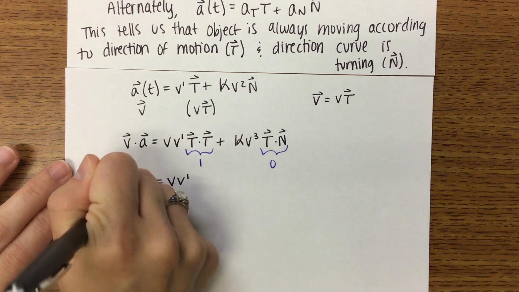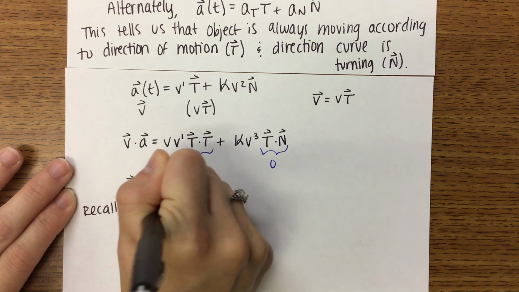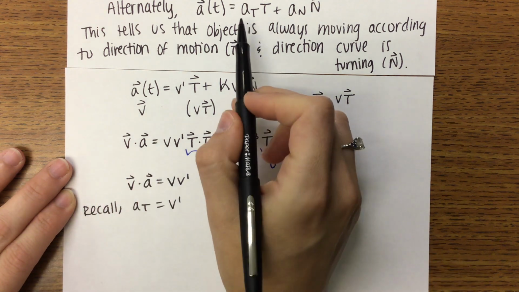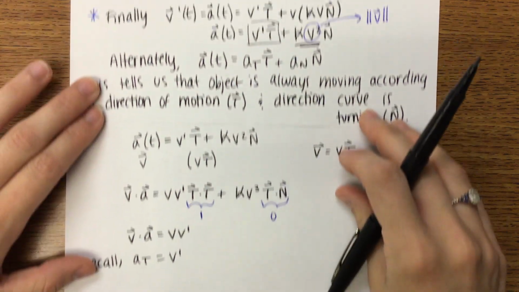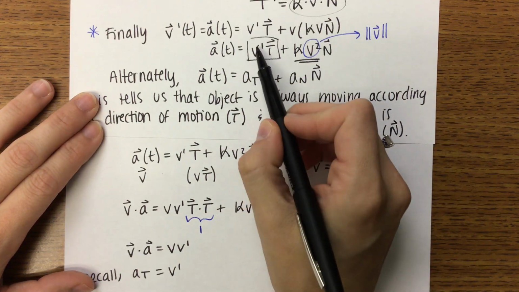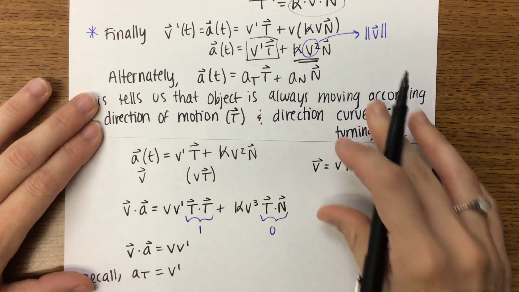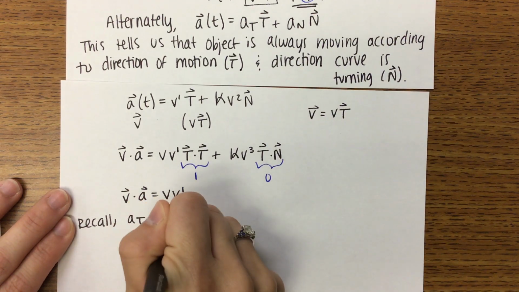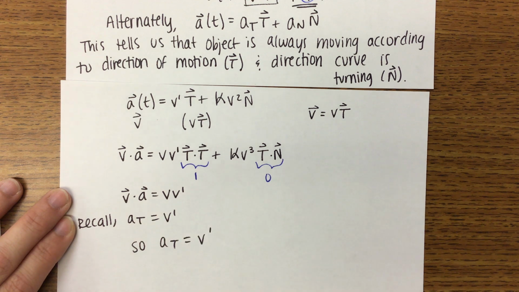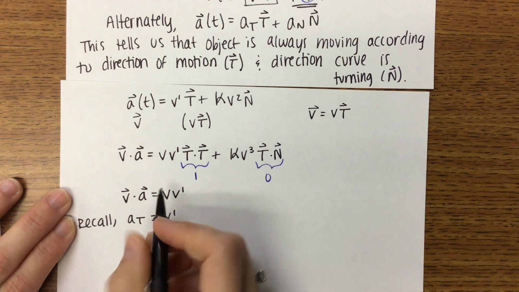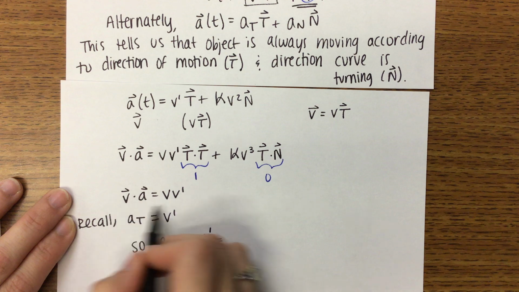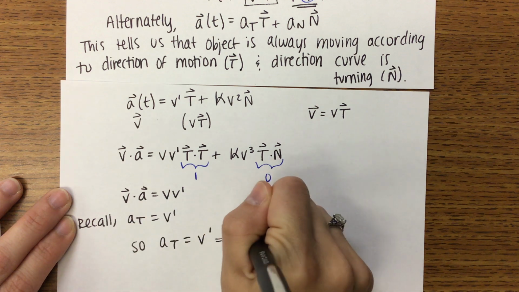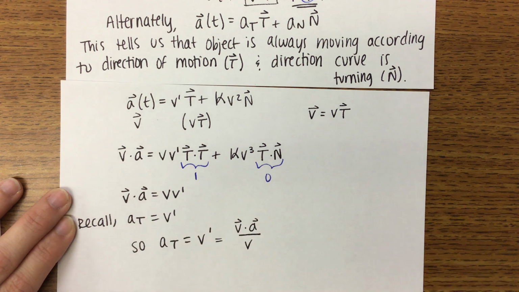What I want us to recall is that A_T was equal to v prime. That's from up here. So here's what we get. A_T is equal to v prime, and v prime from here is velocity dotted with acceleration divided by v.